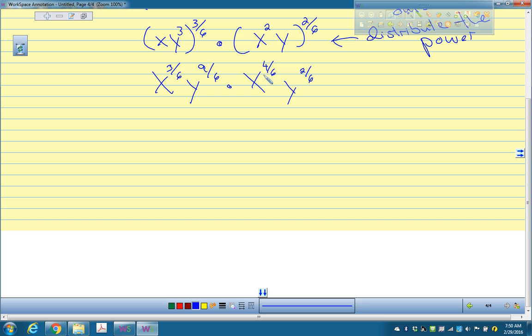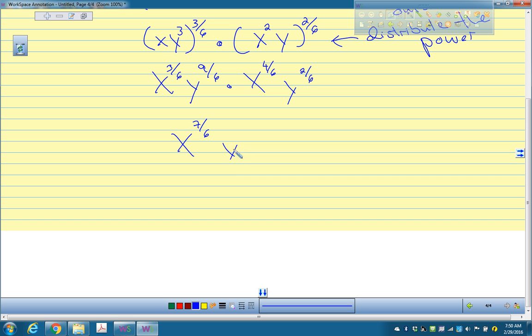Now, since everything is in sixths, I can add the exponents. So I have x. How many sixths do I have altogether with my x's? 7/6.